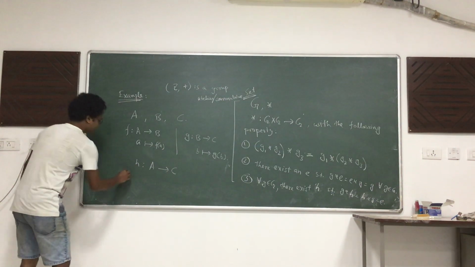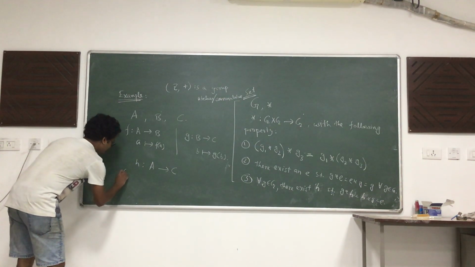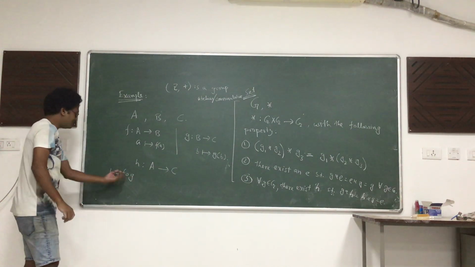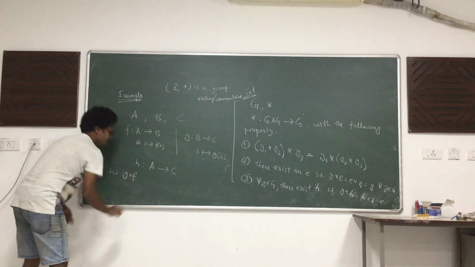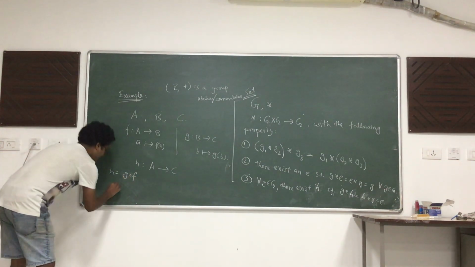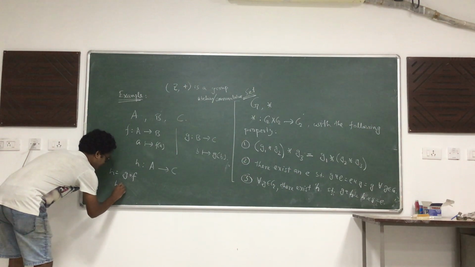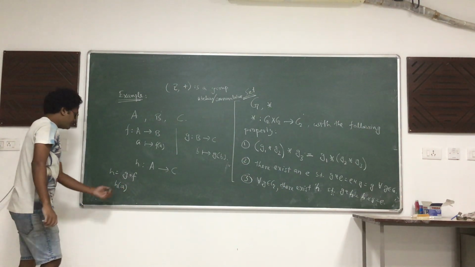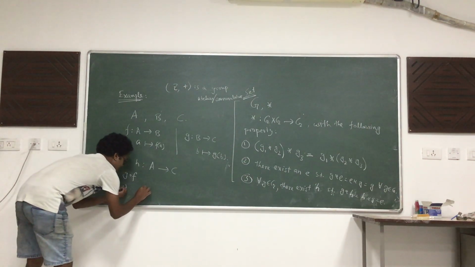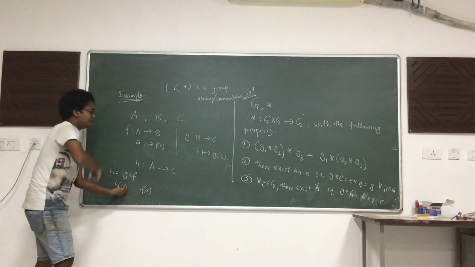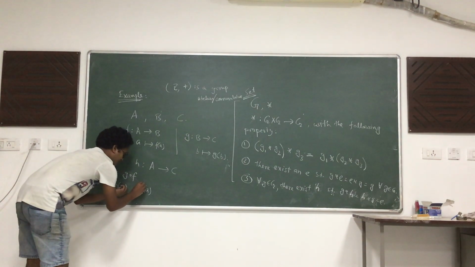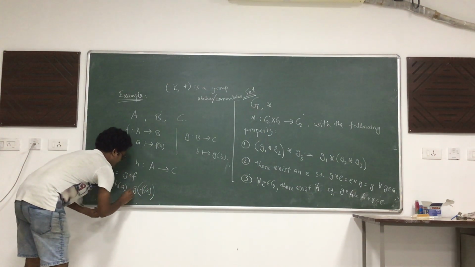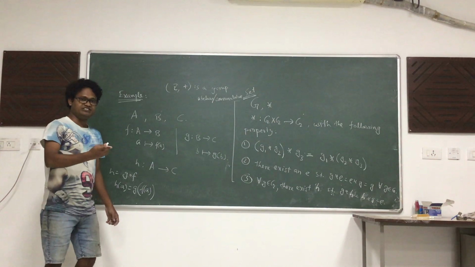So this h we can naturally define to be the composition g compose f. What it will do is h of a: I'll take a, first send it to the set B via the rule f, and then whatever I get, I'll send to C via g.